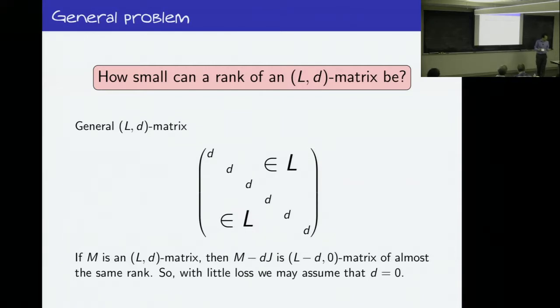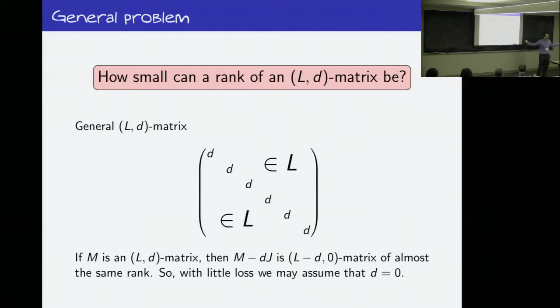And so the advantage of this case is that of course we have one fewer parameter. I mean, we can just speak of the set L. But more importantly, the problem now became more symmetric. So now the problem became dilation invariant. If I take a set L and I multiply every entry of L by some non-zero scalar, then nothing will change. I mean, the rank will not change.